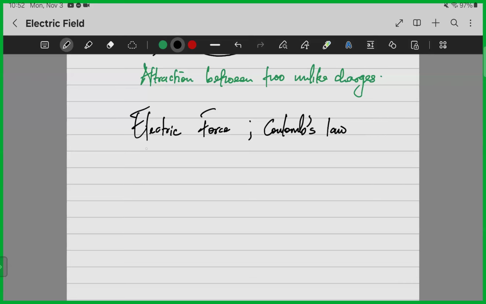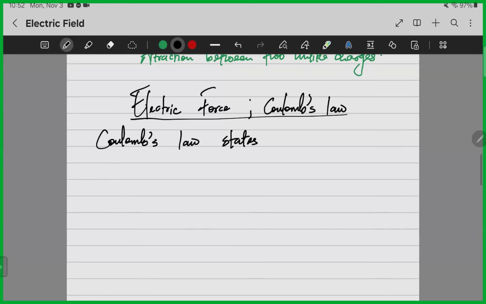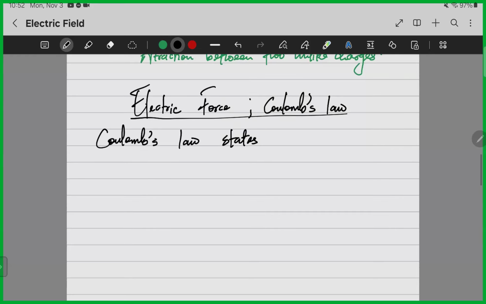It has been pointed out that like charges repel and unlike attract. We've already established that. So we're now going to talk about Coulomb's law straight up. In Coulomb's law, you will see me say something about the force. Coulomb's law states that, after I state it, I'm going to draw the diagram that expresses it.